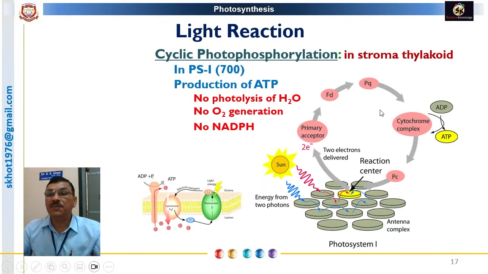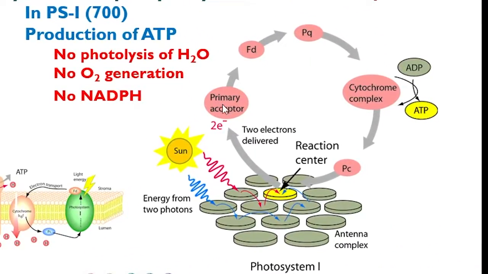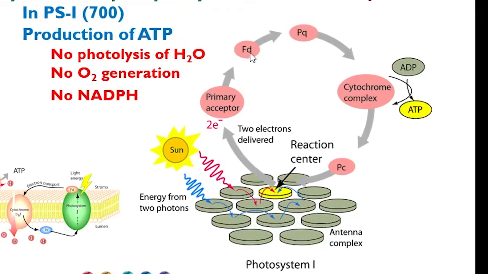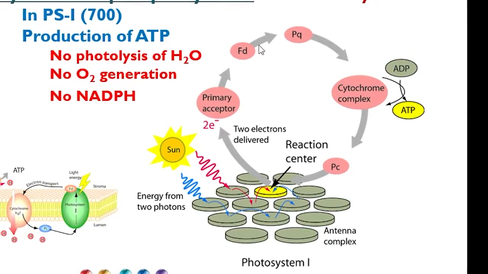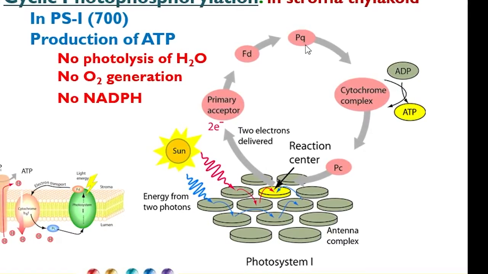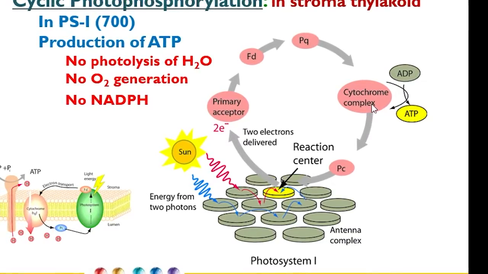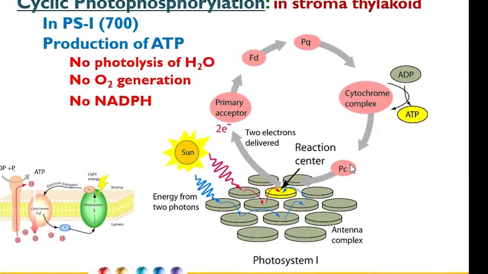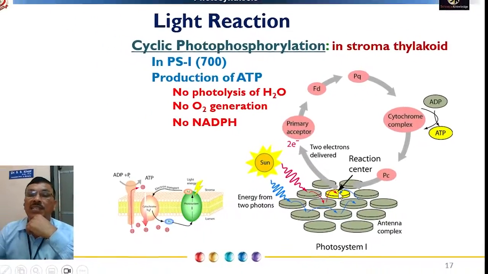So here we can see the excited electron is given to the primary acceptor and then to the ferredoxin. Ferredoxin passes this electron down the energy stream to the plastoquinone, then it transfers to the cytochrome B6F complex. It comes to plastocyanin, and finally again it returns back to the reaction center.